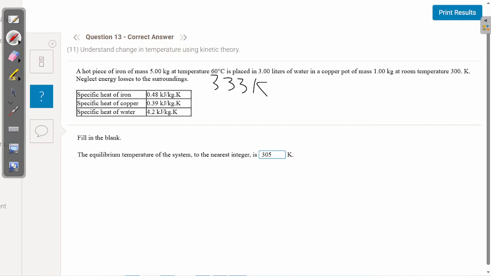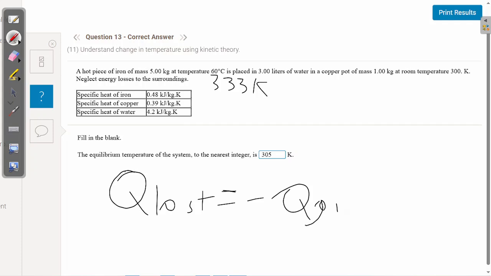So we can say that the energy the iron lost to the environment is equal to the negative of the energy gained by the environment, right? So let's see what that's going to give us.